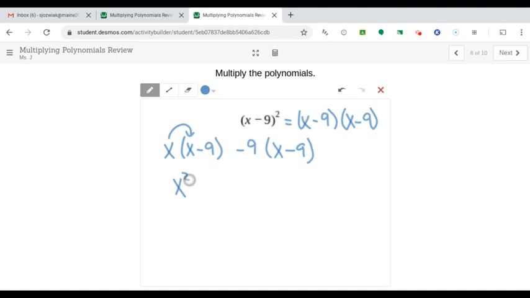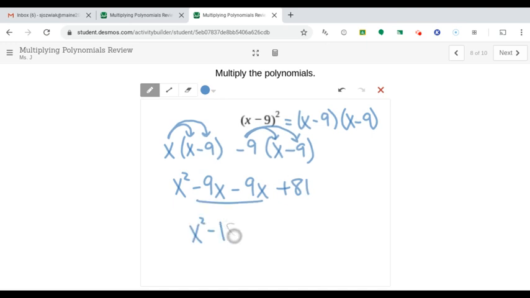So x squared minus 9x minus 9x and plus 81. And then negative 9 and negative 9 is going to give us negative 18x and then plus 81.